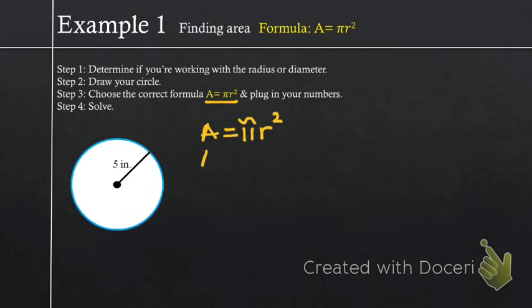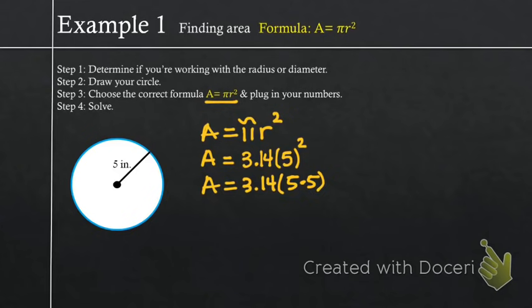Plug in your numbers. So A is what we're trying to find. Pi is 3.14, and our radius is 5, and it's squared. Okay, it goes back to PEMDAS, so parentheses, which is just the 5, and then its exponent. So 5 squared, which is the same thing as 5 times 5. So now I have A equals 3.14 times 25.